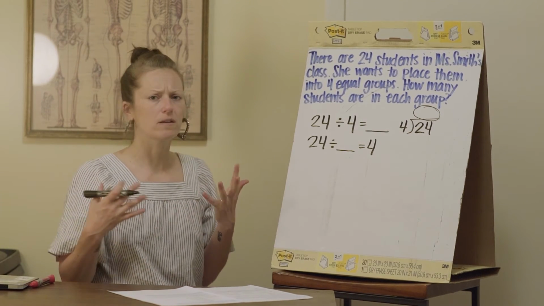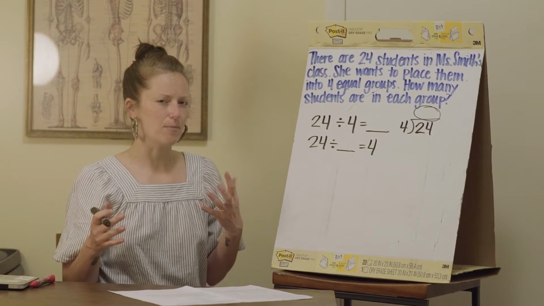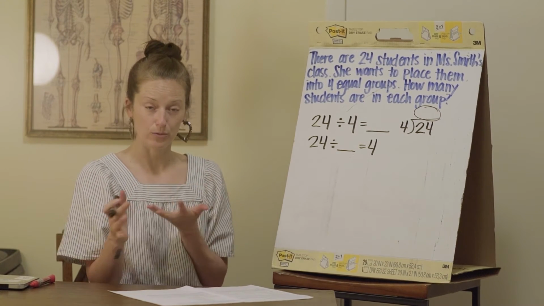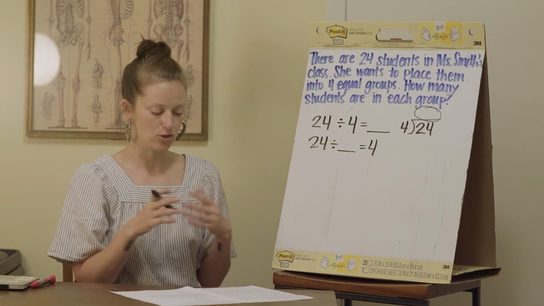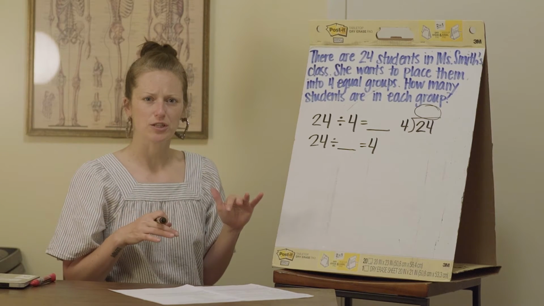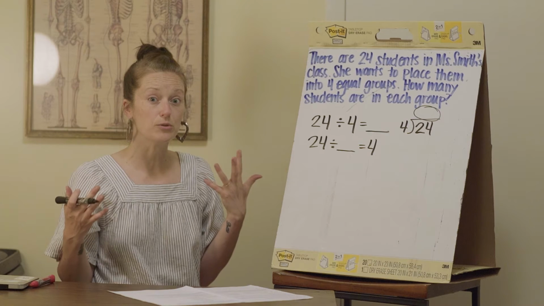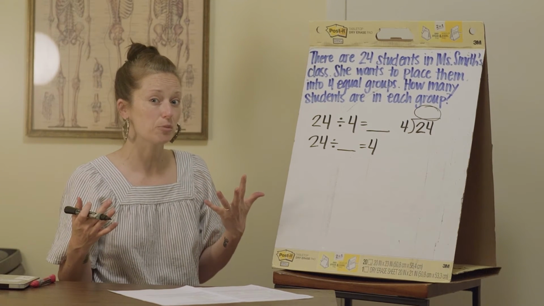Okay, so in our last multiplication and division unit, we were talking quite a bit about the relationship between the two. So the relationship between multiplication and division. So is there also then a multiplication equation you could write in order to represent this? Because I know some of you were using multiplication to solve your division problems.